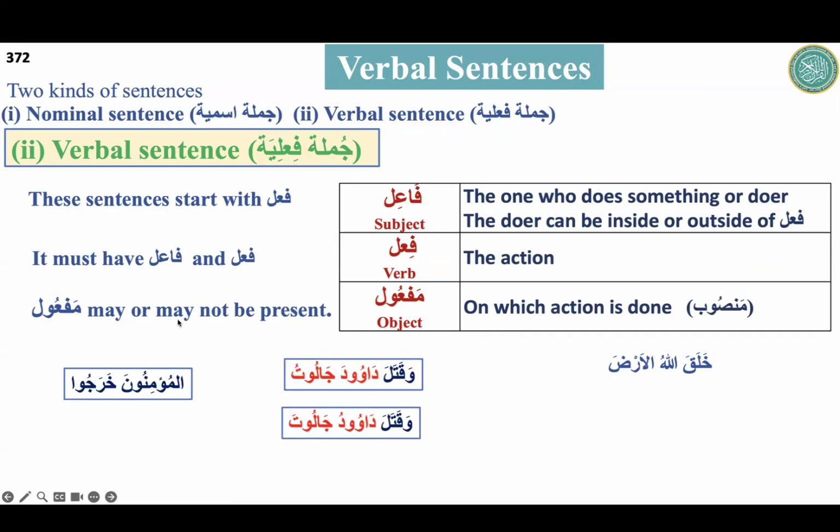Let me go back. Temia, help me to identify this sentence. First, read it, please. Al-mu'minuna haraju. Okay, help me to identify, is it a verbal sentence or a nominal sentence?